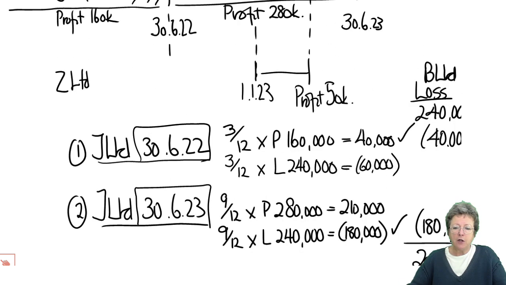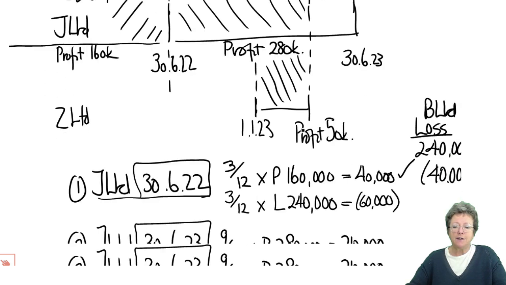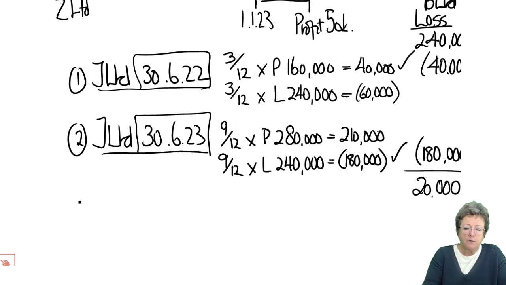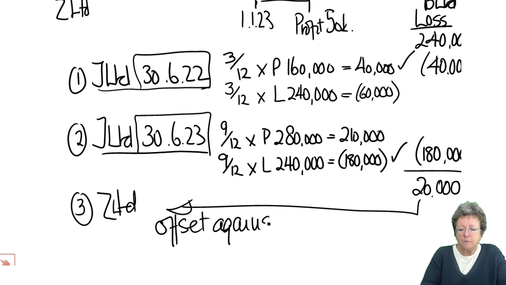So that loss can go in its entirety to Z Limited. All of that can go to them to offset against the profits at 50,000.